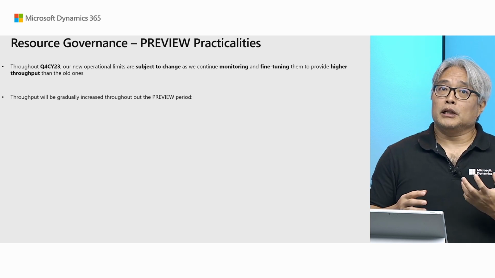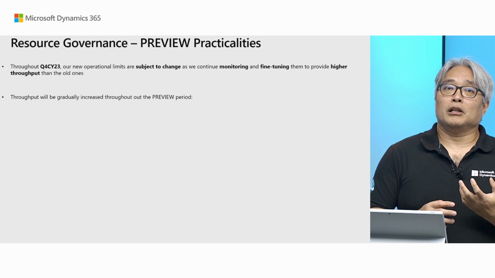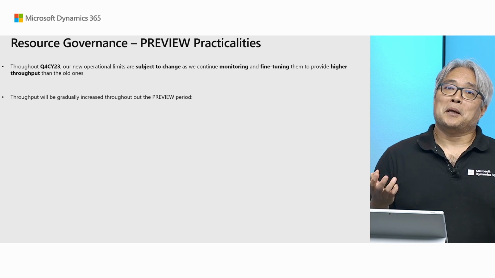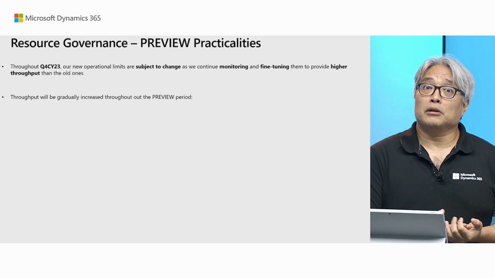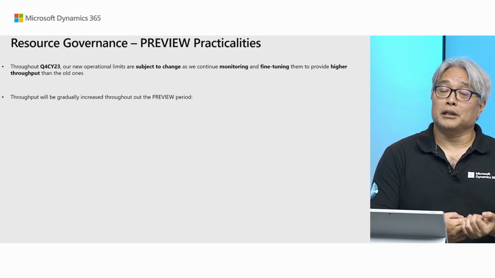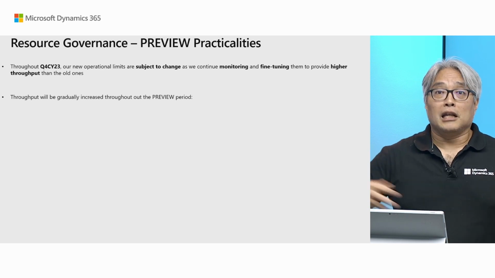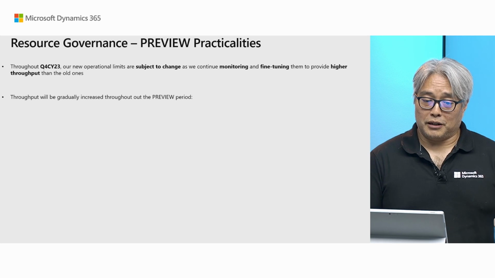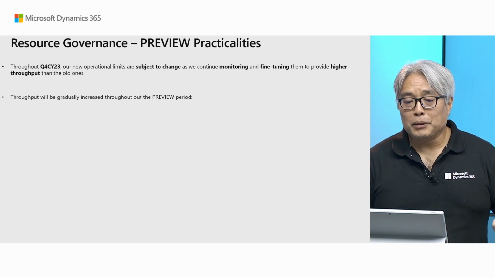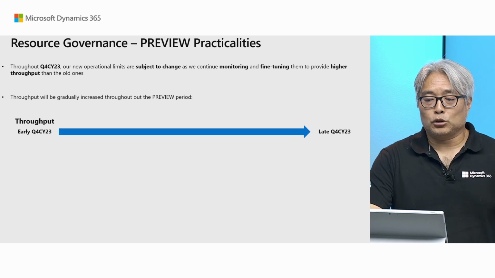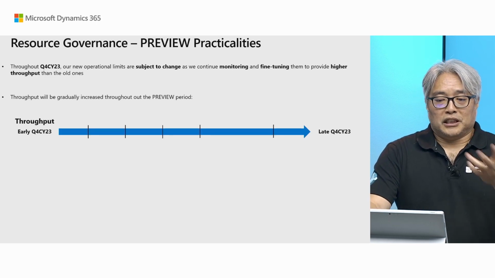And the throughput will not be increased in a big bang manner, right? For example, currently you can only run 3 concurrent tasks per environment, and suddenly you will not see an unlimited number of tasks in parallel per environment. That's not going to happen, but we're going to do it gradually. So we will do a gradual throughput increase. Let me just give you an illustration.